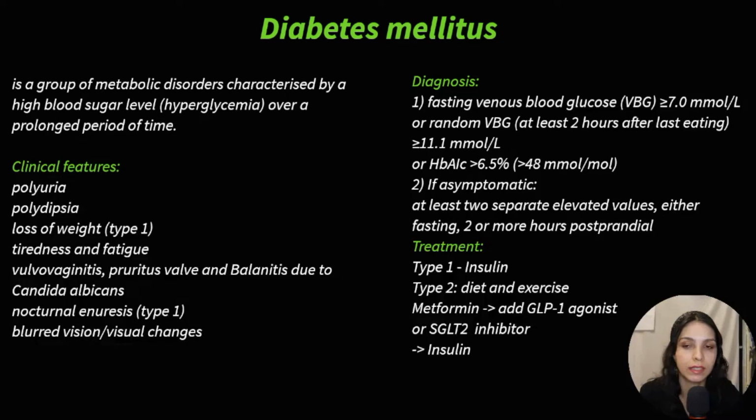Diabetes mellitus is a group of metabolic disorders characterized by high blood sugar level over a prolonged period of time. The classic symptoms of type 1 diabetes mellitus are polyuria, polydipsia, polyphagia, fatigue, and loss of weight. In type 2 diabetes mellitus, patients have insulin resistance, and it's related to obesity rather than loss of weight.